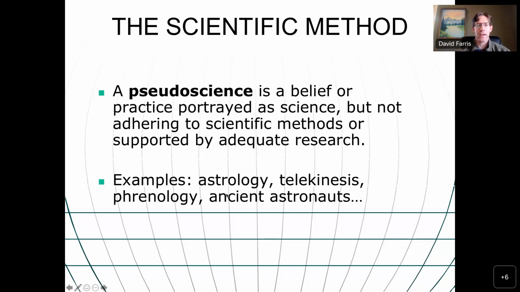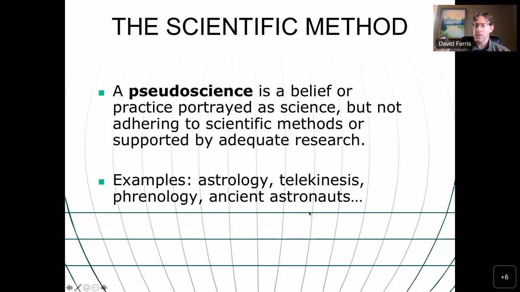These would be things like astrology, which makes predictions about the future based on star patterns; telekinesis, moving things with your thoughts; phrenology, describing people's intelligence and personalities by the shape of their heads; and things like ancient astronauts that built the pyramids.